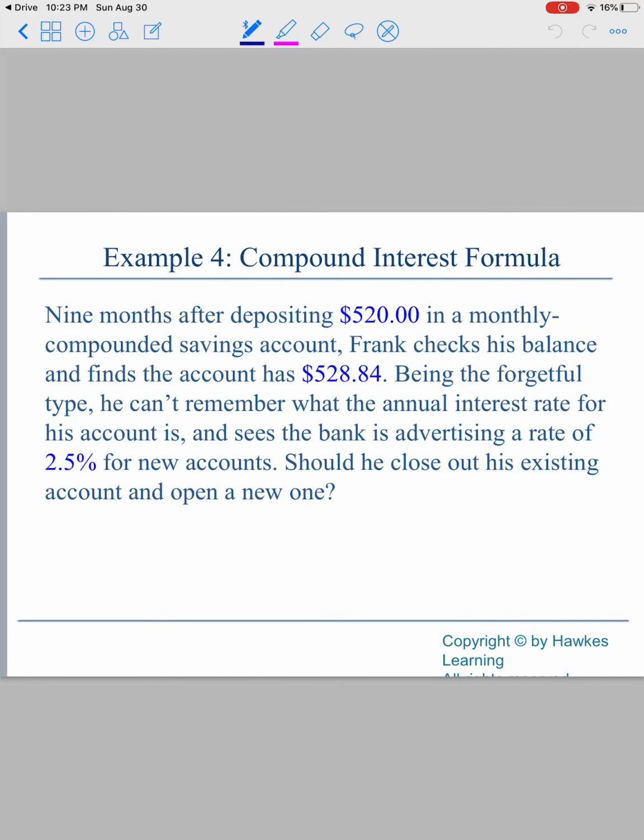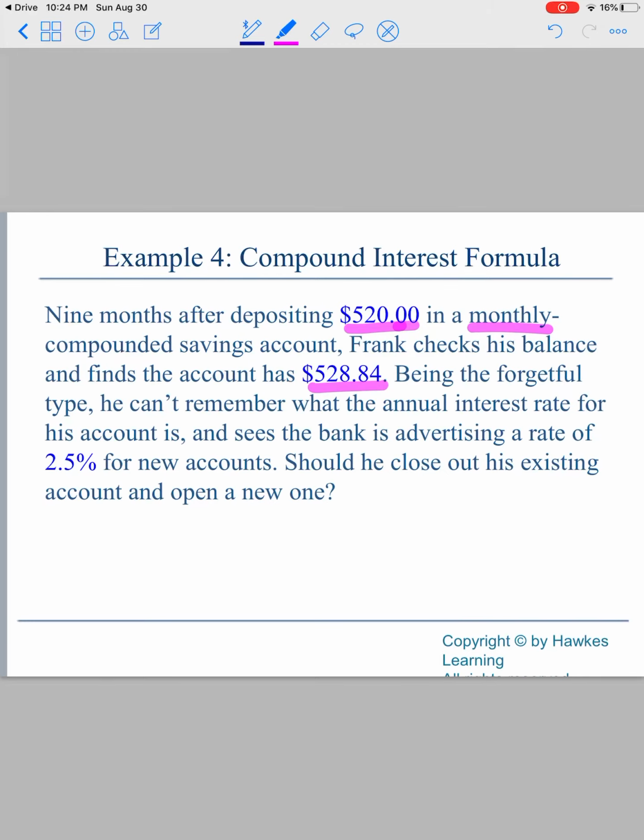Okay, example 4. Nine months after depositing $520 in a monthly compounded savings account, Frank checks his balance and finds that the account has $528.84.